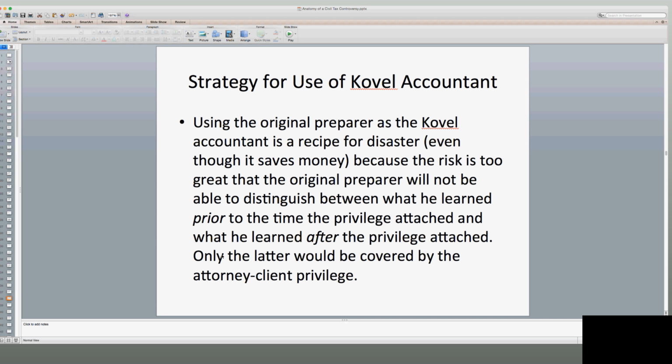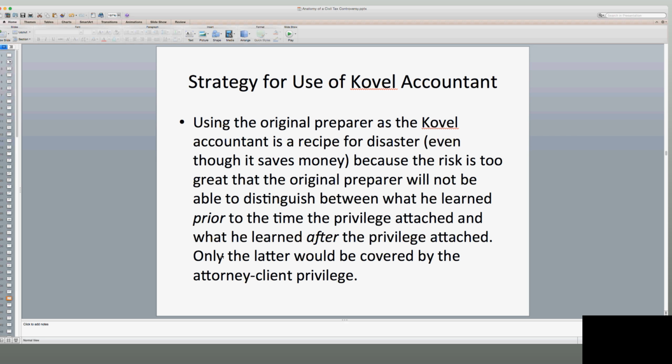As we've discussed earlier, information that the original preparer learned prior to the Kovel agreement being inked is discoverable, whereas information that was learned after the Kovel engagement was inked is protected under the attorney-client privilege.